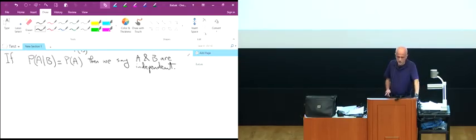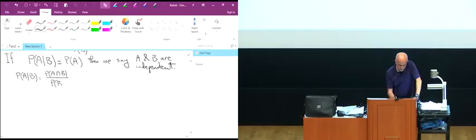Another way is by using the definition of conditional probability, which was probability of A and B over the probability of B. Now we're saying for independent events, this is equal to what?